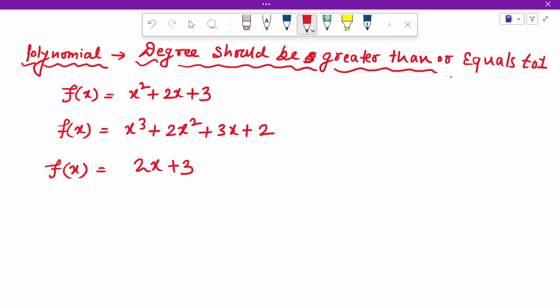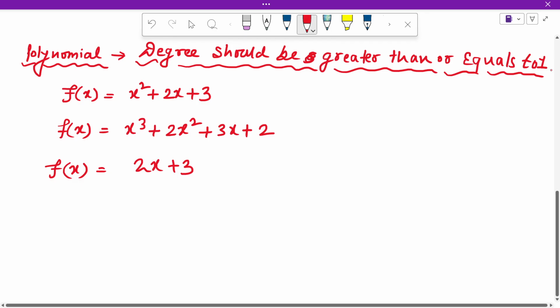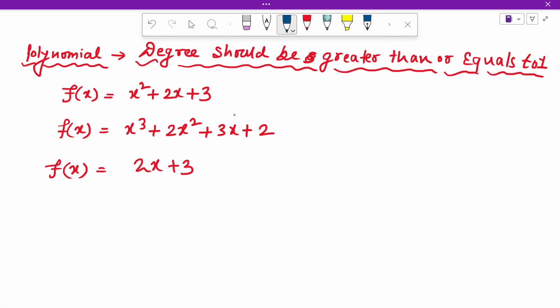Then it will be a polynomial. If its degree becomes less than 1, then you can't call it a polynomial. Now the question is, what do you mean by the degree of the polynomial?